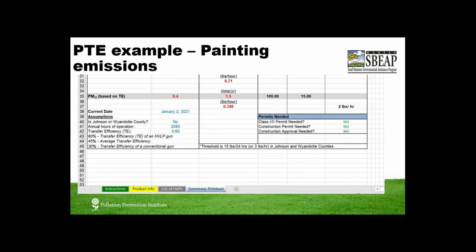The Summary tab has a place to enter the transfer efficiency of the paint gun and the hours of operation at the facility. You can also enter whether the facility is located in Wyandotte or Johnson counties here in Kansas, as KDHE has a VOC regulation applicable to sources in those counties.